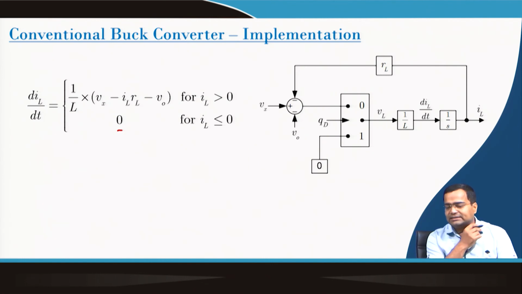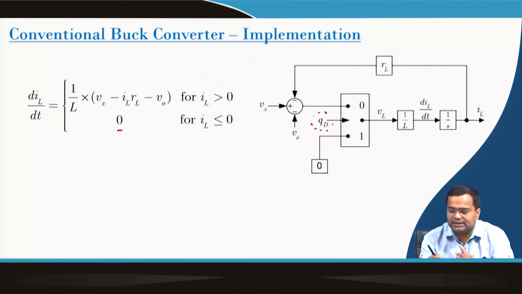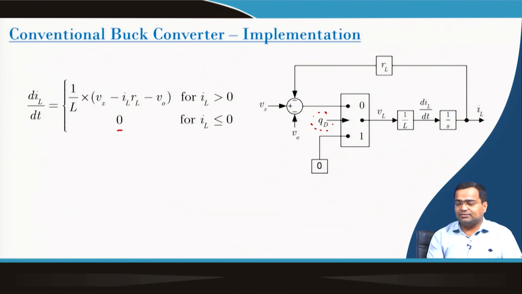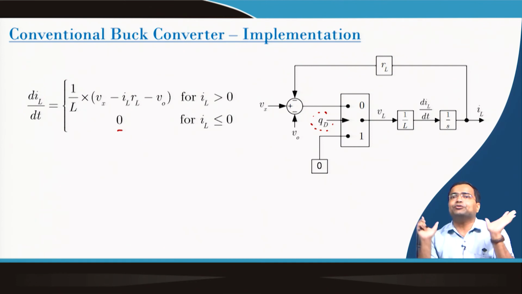You can see we are generating a QD block which corresponds to a switching signal when the DCM condition is hit, that means 0 current is hit. So, this signal is used: when QD equals 1, that means the DCM logic is hit, then V_L, the voltage across the inductor, is 0.